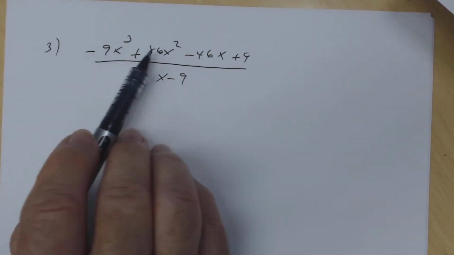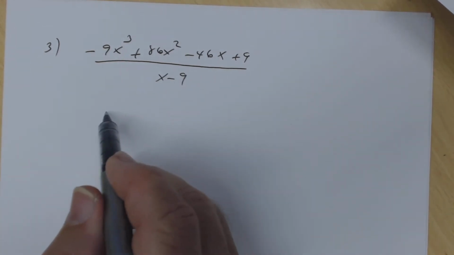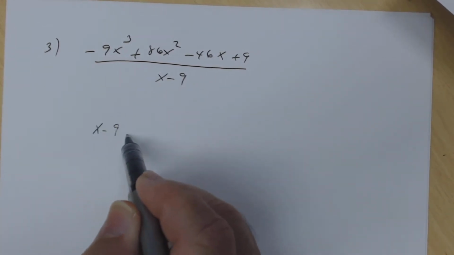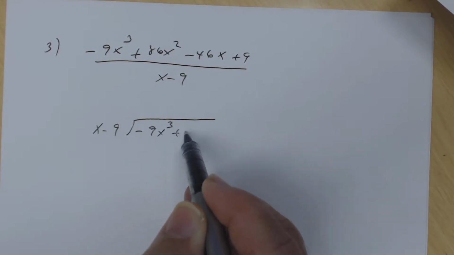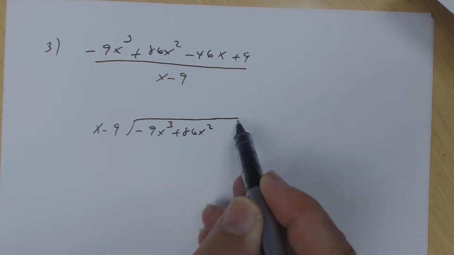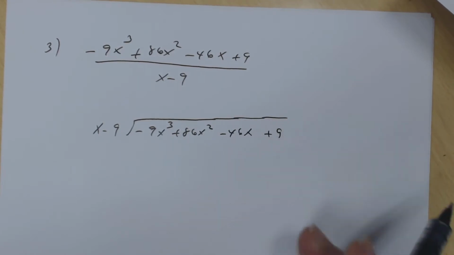All right, so it's already in descending order. There are no missing terms anywhere, so I'm going to do the long division. x minus 9 divided into negative 9x cubed plus 86x squared minus 46x plus 9.